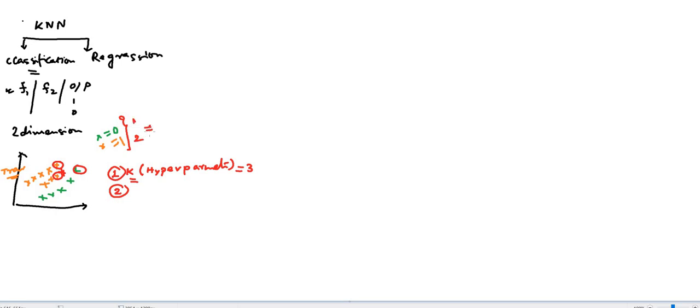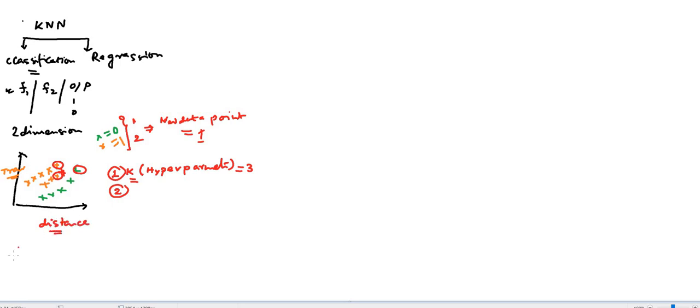So this algorithm will say, okay, this new data point is part of 1. And how is it happening internally? It is basically calculating the distance.